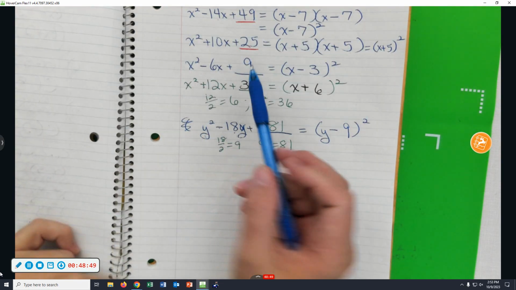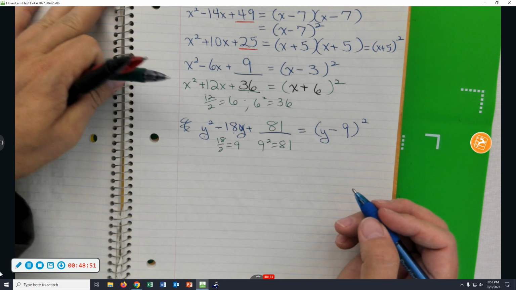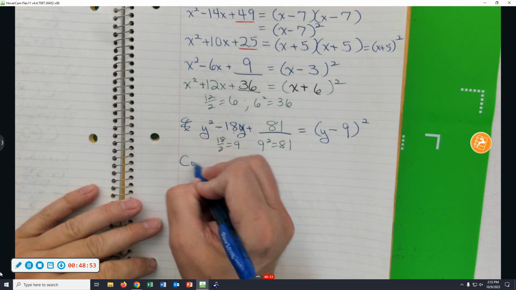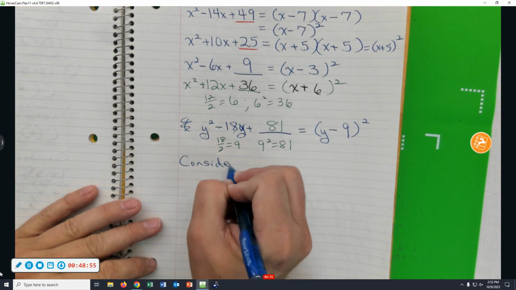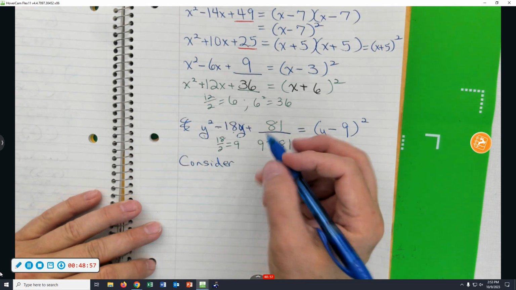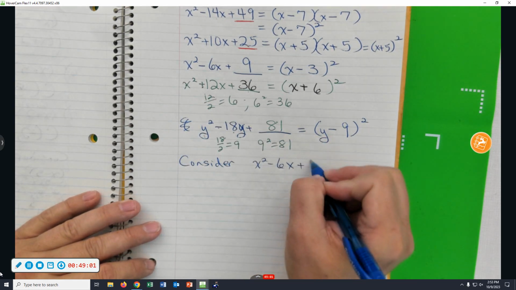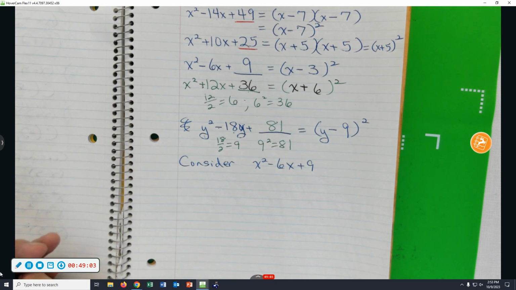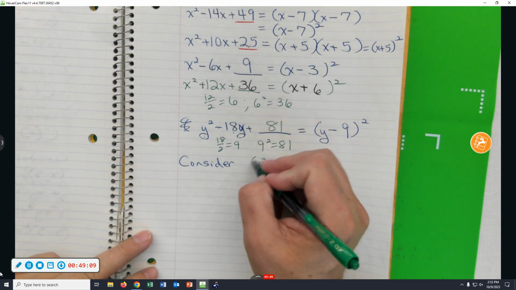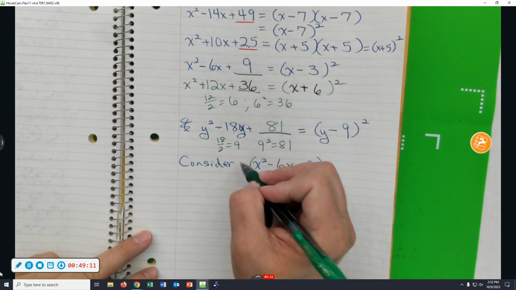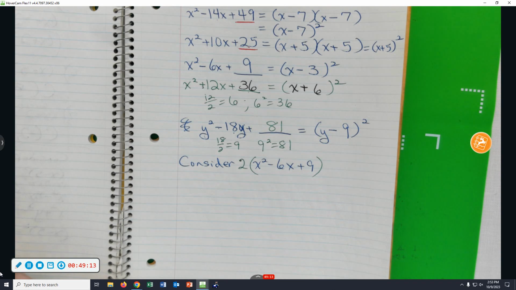Let's consider x squared minus 6x plus 9. This is a perfect square trinomial. Suppose someone had gone through and multiplied everything by 2.